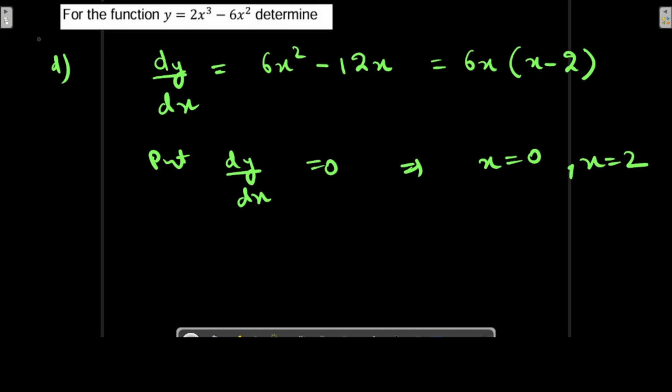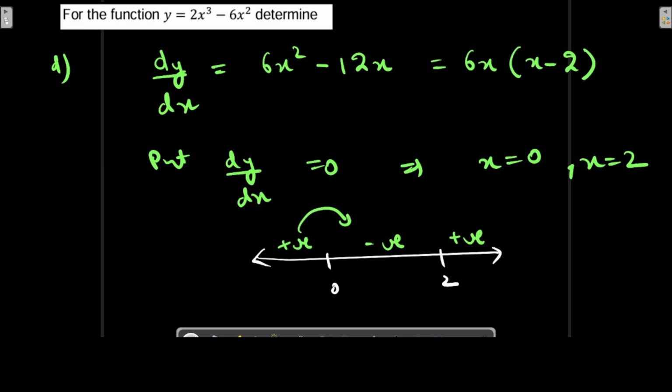Now let's do the first derivative test at 0 and 2. When x is less than 0, what do you get? Negative 6 and this is negative, so it will be a positive, and then between 0 and 2 it will be a negative, then it will be a positive.